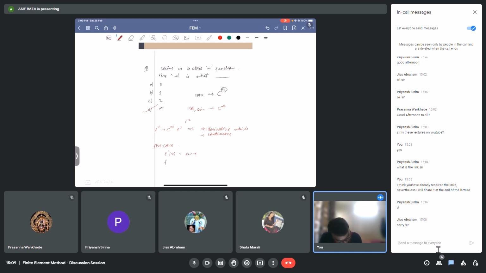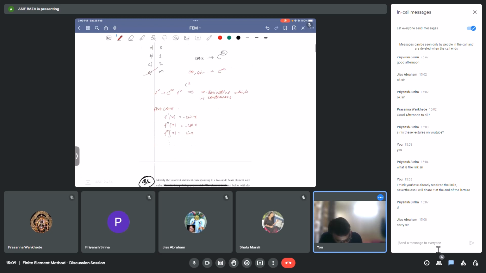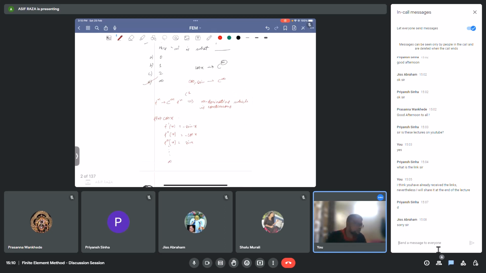Then the second derivative gives minus cos x. The third derivative is sin x, and it goes on. So this goes to infinity. I can take the derivative of cos x infinite times, and the derivatives themselves are continuous throughout the domain. That is what C infinity functions are.